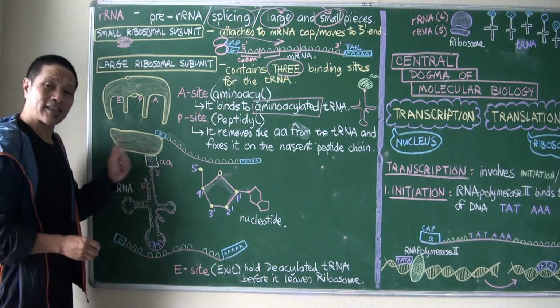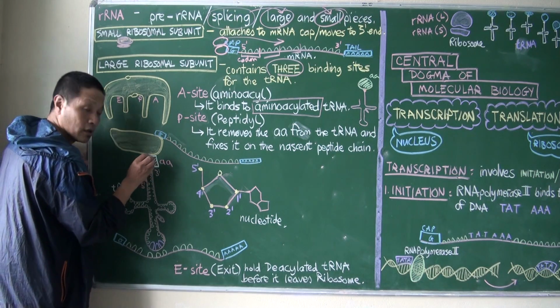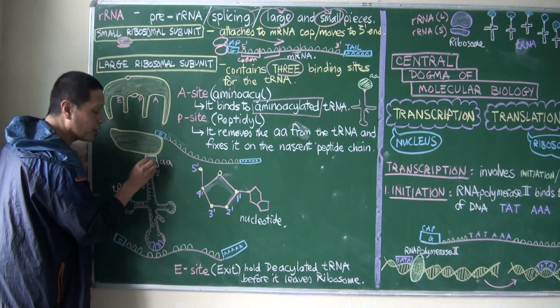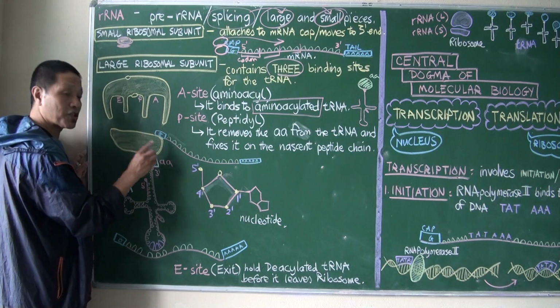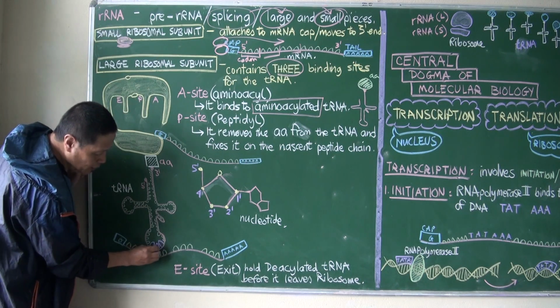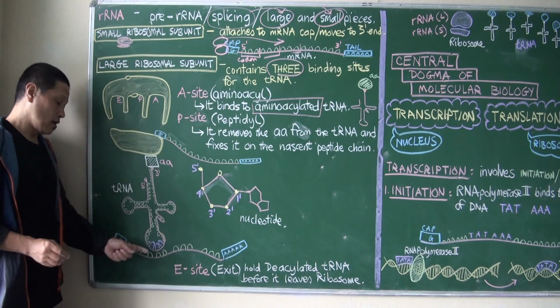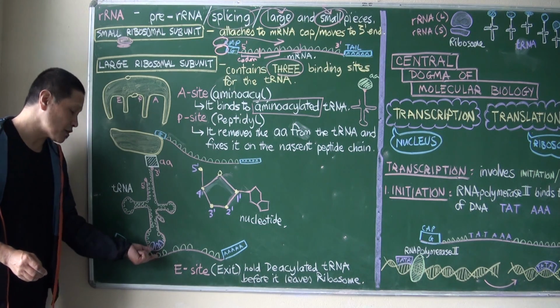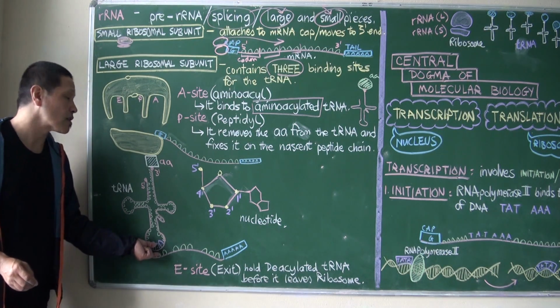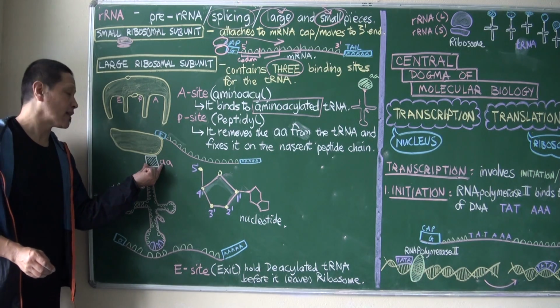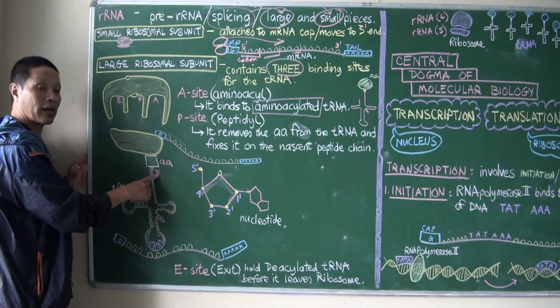Okay? So the type of amino acid that is supposed to be bound here at the 3' end is dependent on the anticodon, or the codes that are written here. This combination of 3 determines the type of amino acid that needs to be fixed on the 3' end.